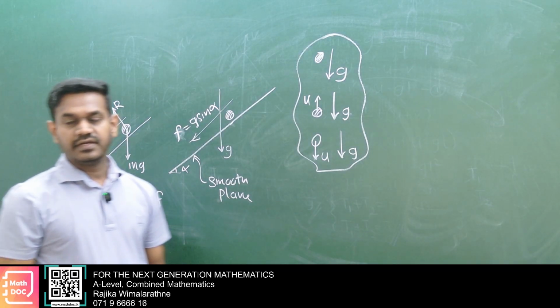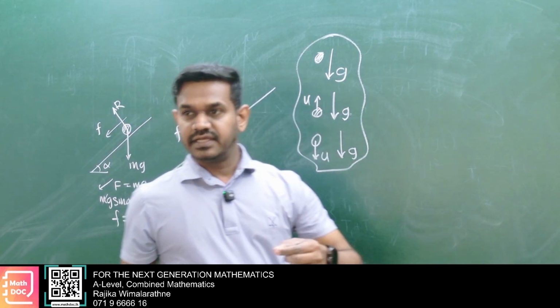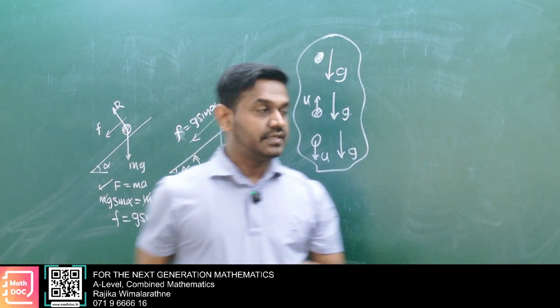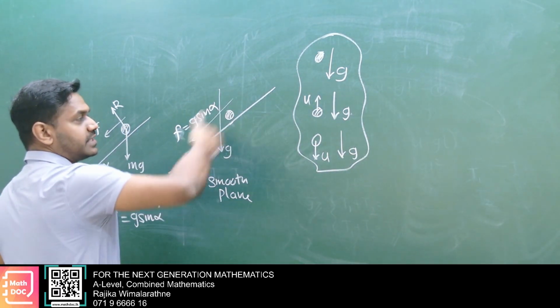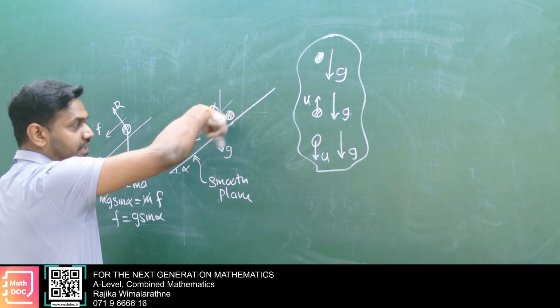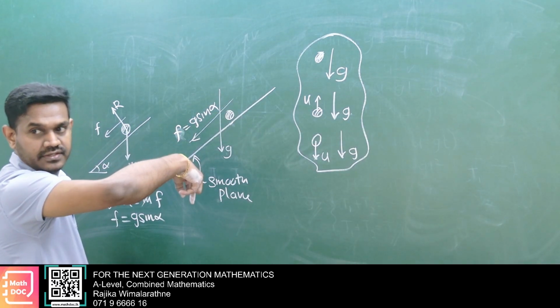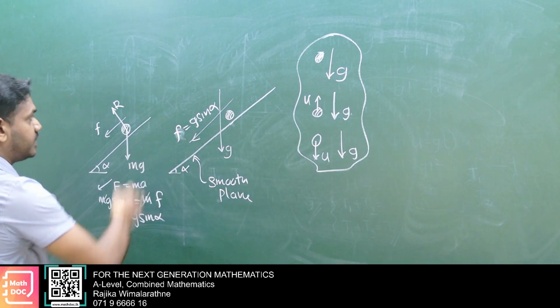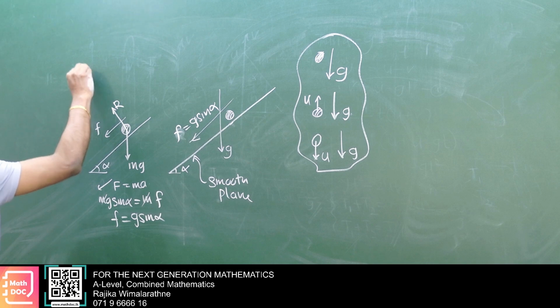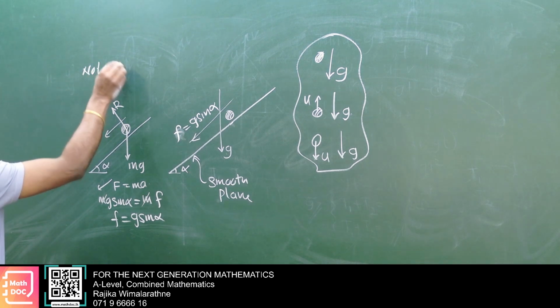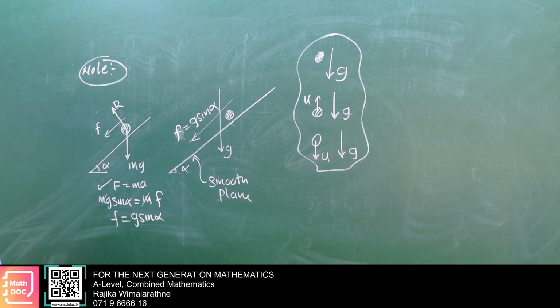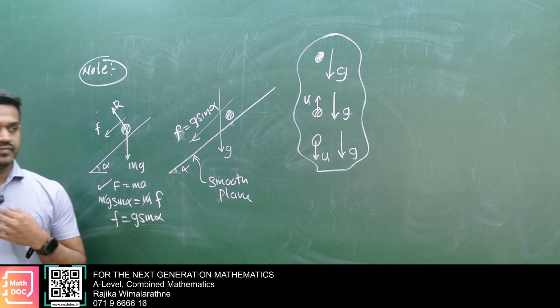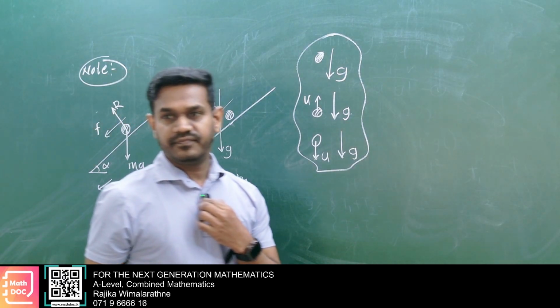Vertically the acceleration is g, and along the smooth surface the acceleration is the component g sine alpha. It is better to put a note here. Put this note and start the section. Do it alone.